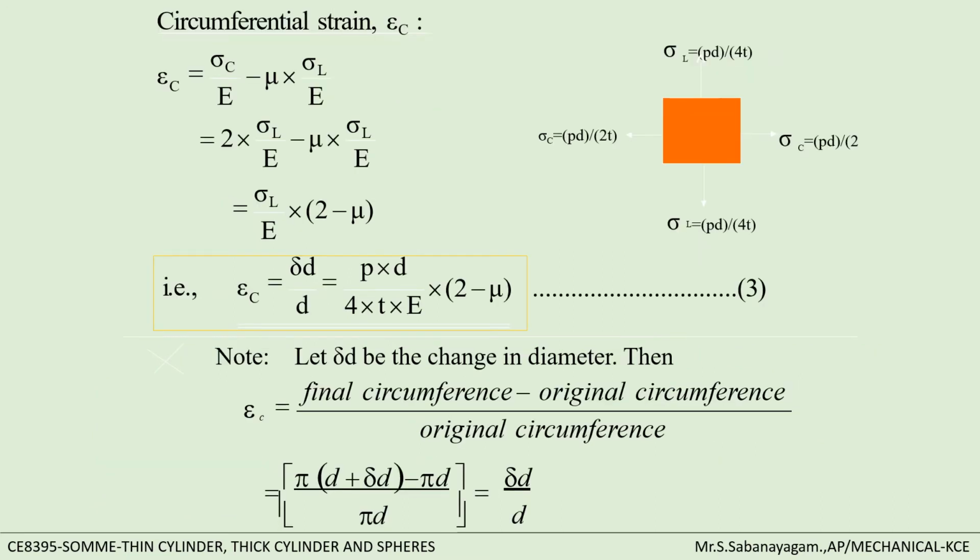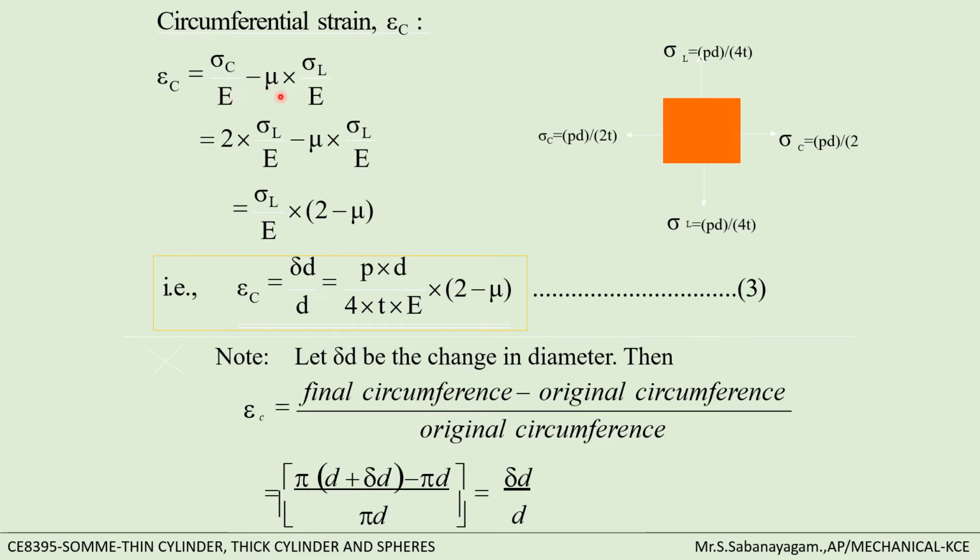The first thing is circumferential strain caused due to circumferential stress. Circumference is the diametral part as we discussed, and hence circumferential strain is the change in diameter by original diameter. Based on Hooke's law and Poisson's theory, it is sigma c by E minus mu into sigma L by E, where sigma c is the circumferential stress, E is the Young's modulus of the given material, and mu is the Poisson ratio.